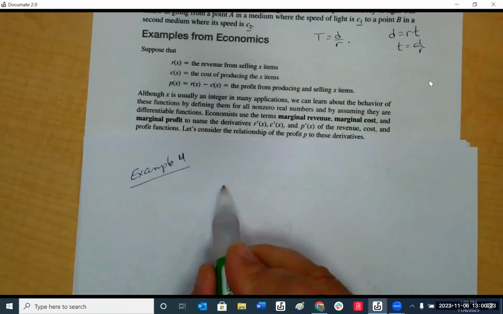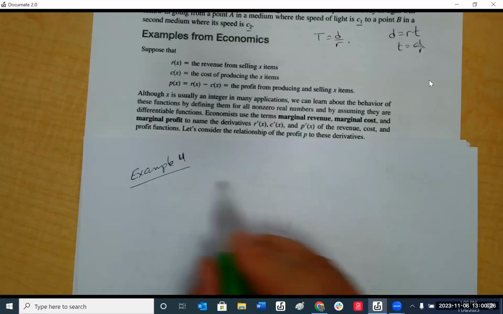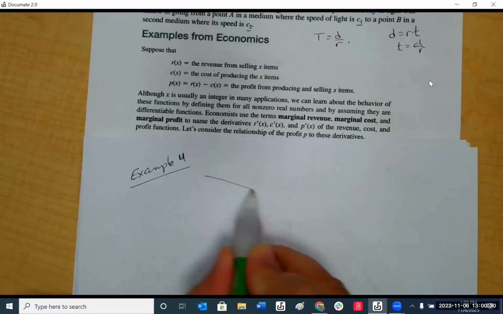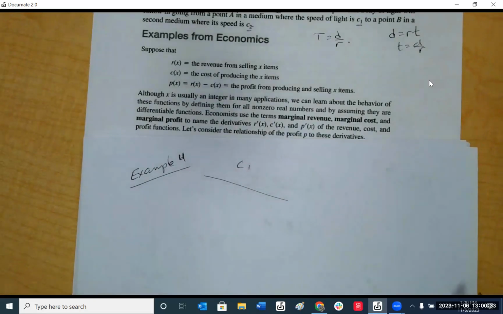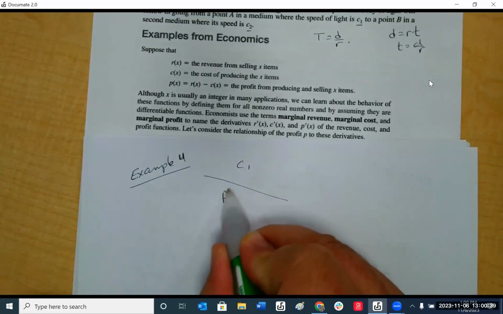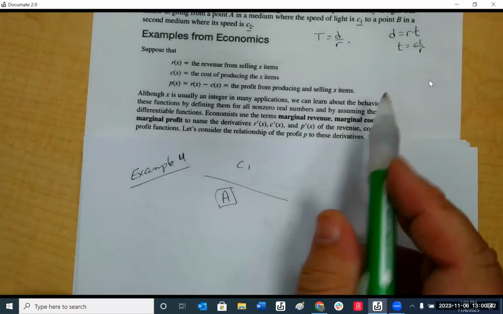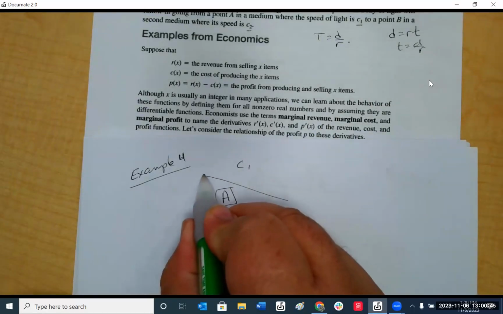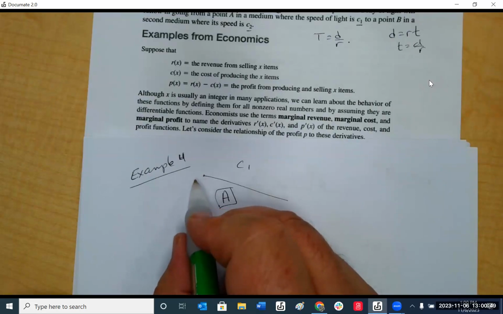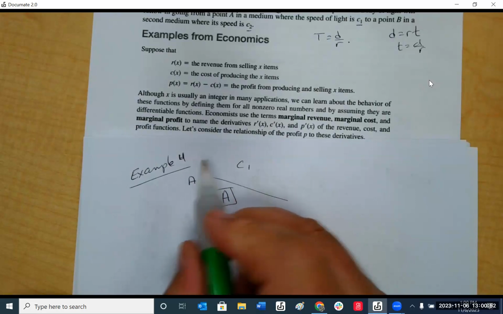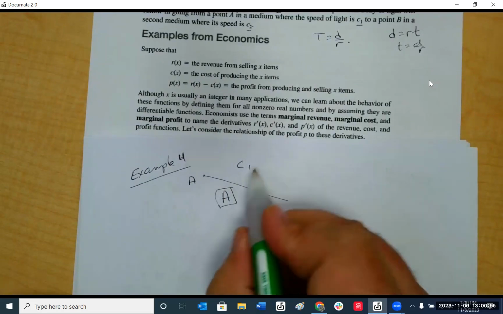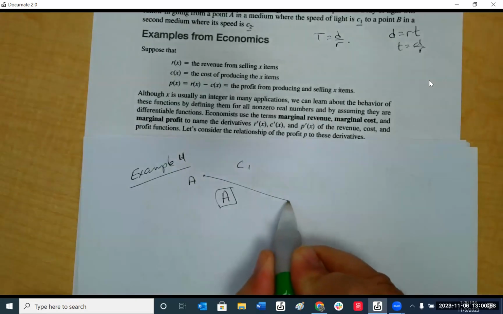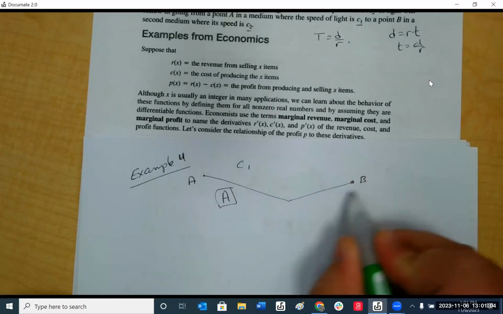So let's see what this one's really asking us. Light is traveling through this medium, that's medium A, from a point A in a medium where the speed of light is c1 to a point B once the medium changes. This is at c2.